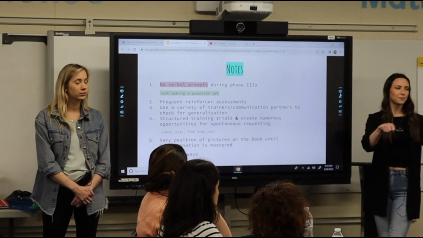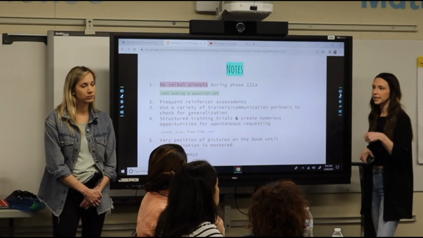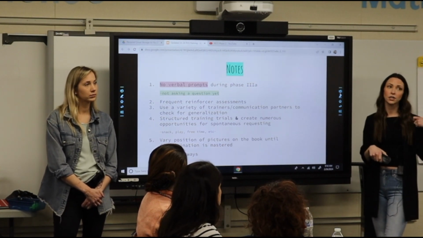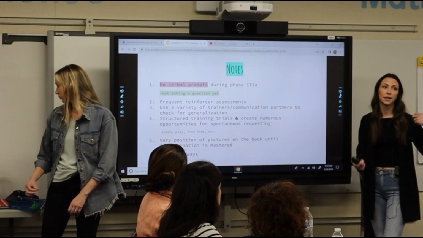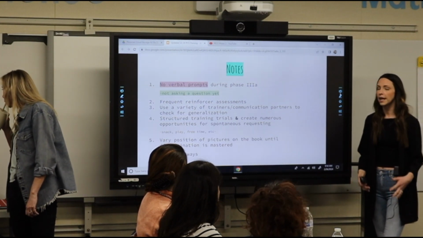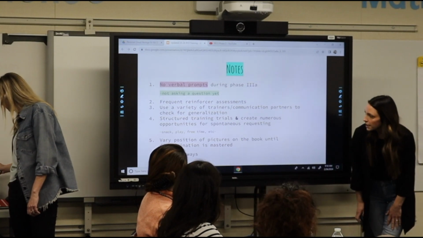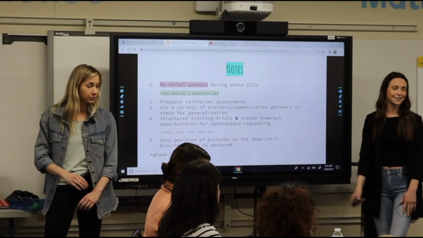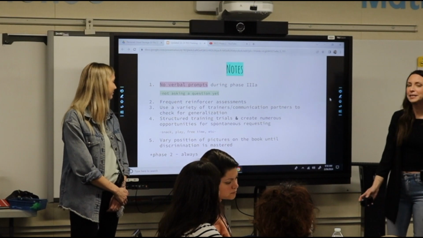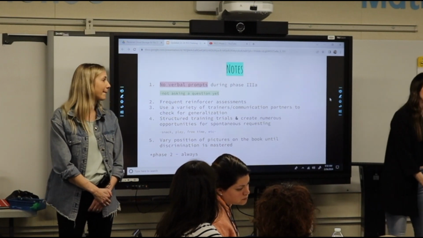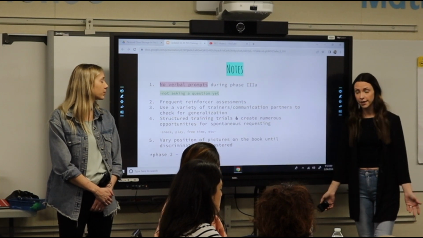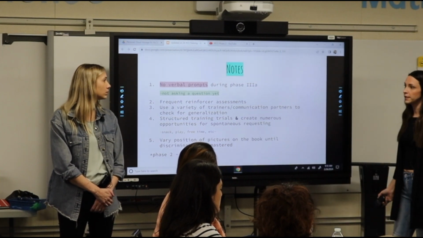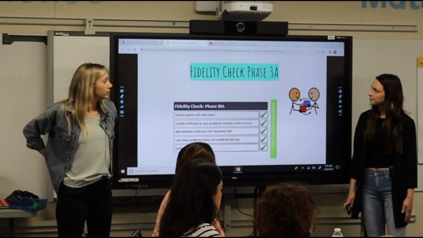When you're realizing that they're understanding it, make sure you're moving those icons because they could just keep reaching for that left, or they could have cerebral palsy and can only reach to the left, anything like that. And then distance and persistence. We want to start moving the book, the icons, and yourself as the communication partner up to 6 feet away, 40 trials. That phase 2 is always.